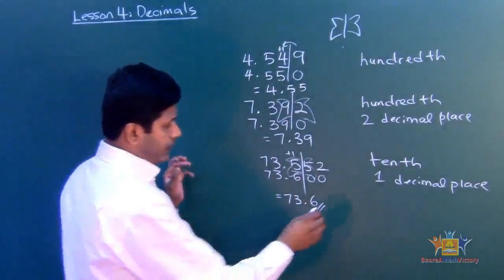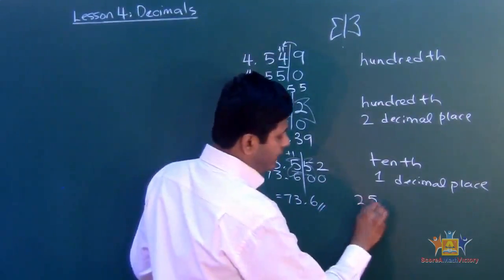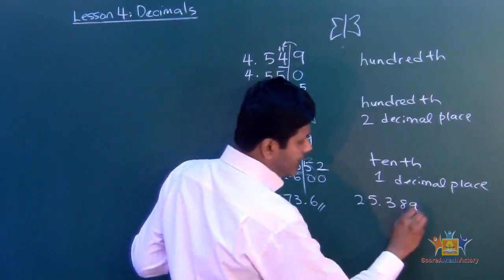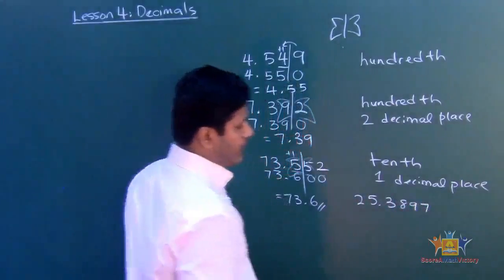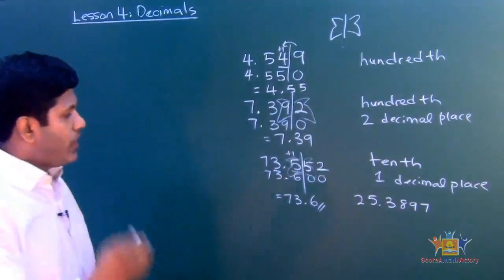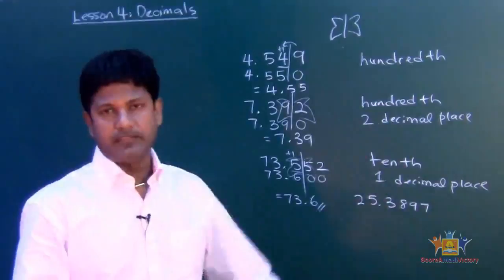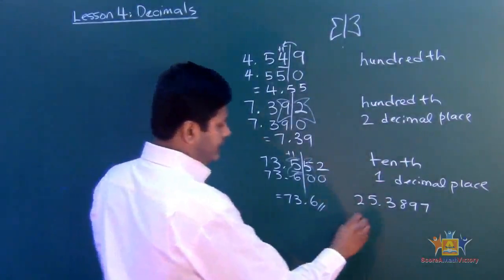Let's say, for example, I give you 25.3897, and I ask you to round off to the 1000th or third decimal place.